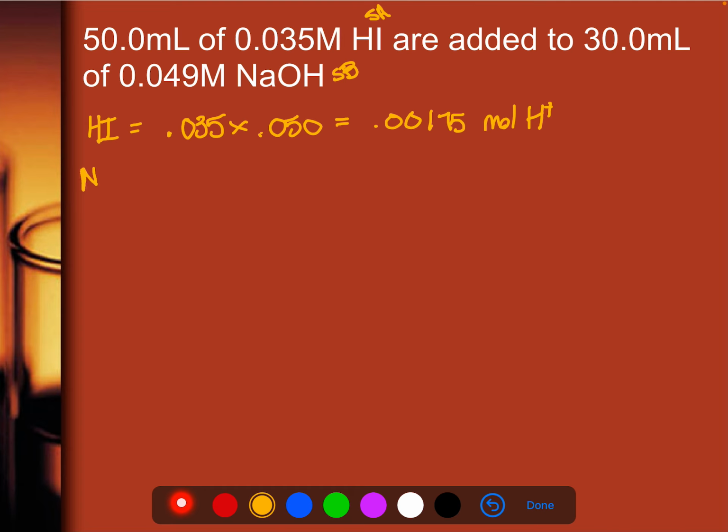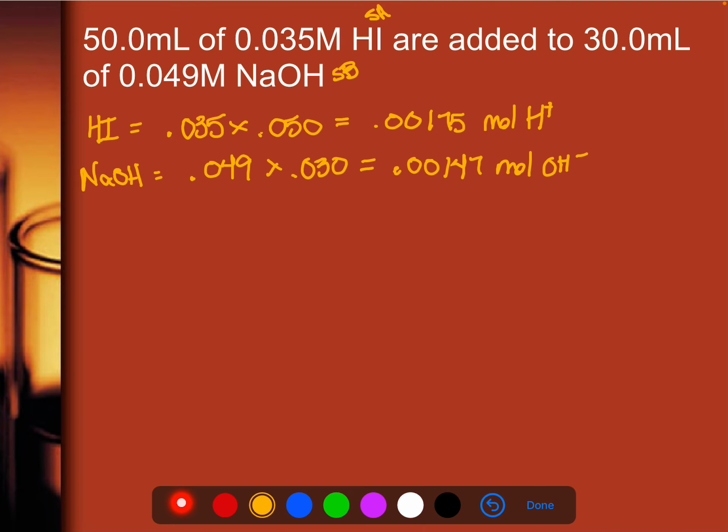For the sodium hydroxide, same thing, there's only one hydroxide. Our molarity is 0.049 molar. Our volume is 0.030 liters. When we multiply, that is going to be 0.00147 moles of hydroxide.